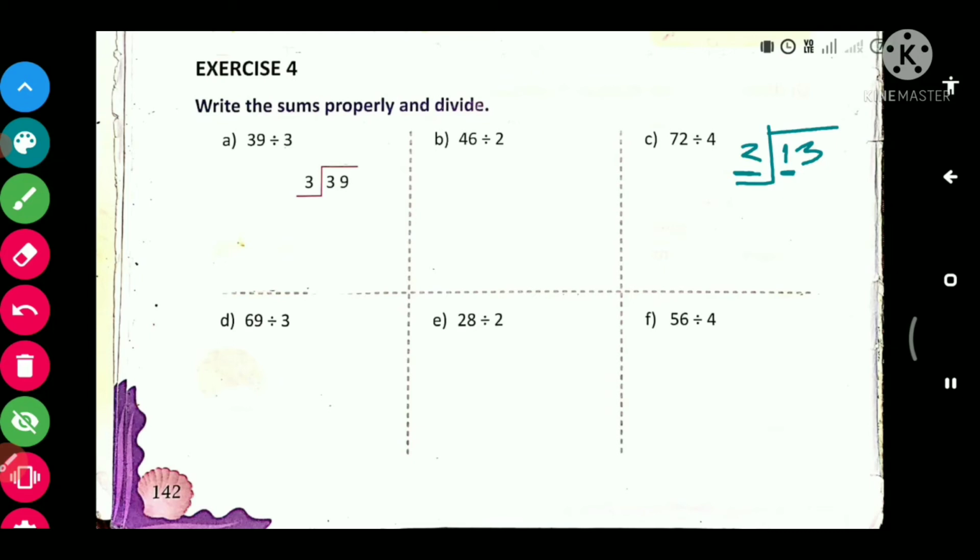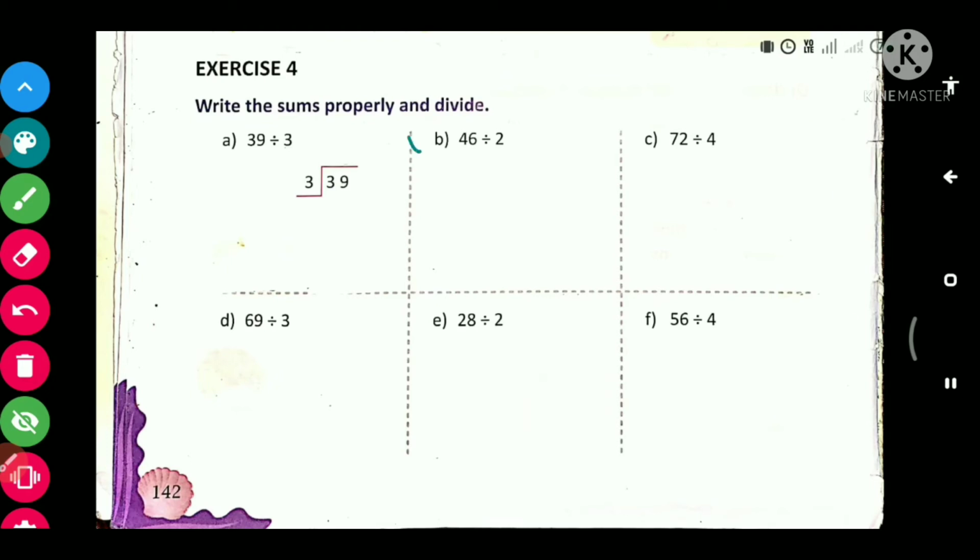The value that is in the tens place must be equal to or greater than the divisor. So 1 is less than 2, 1 is smaller than 2. So in that case we'll choose 2 digits. We'll not see only the tens place, we'll see the tens place as well as the ones place. Is it clear? Okay.